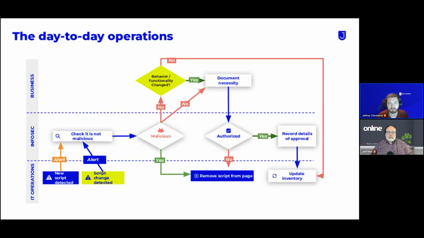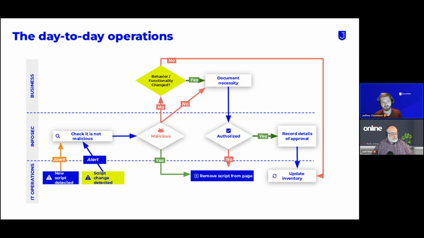So not only are you going to need a tool or a method, CSP, SRI, or a vendor, or some kind of solution, but you also need a process or policy to back it up. How do you make decisions? Who makes the decisions when it comes to authorizing or examining script? And this is one that I've got here that's a little simplified, but for today, what I want to talk about is where a lot of that operational cost really gets introduced.